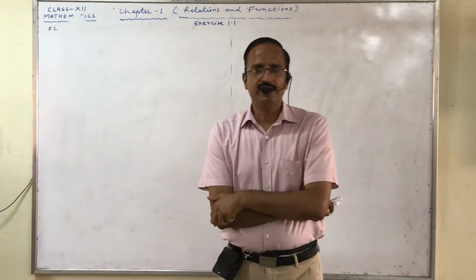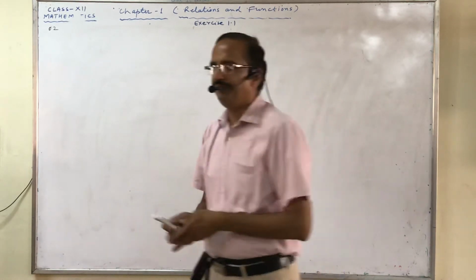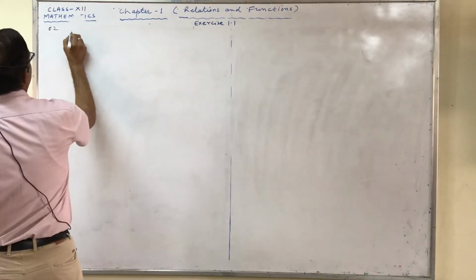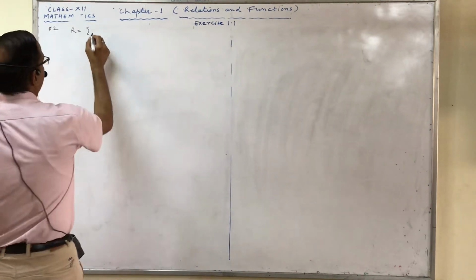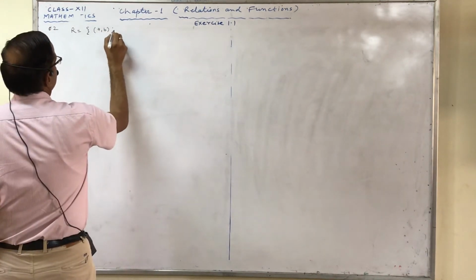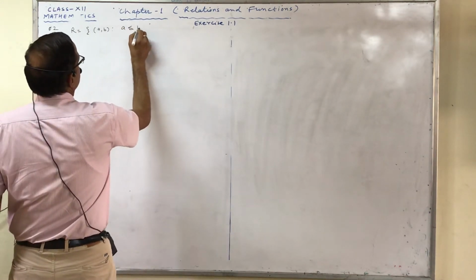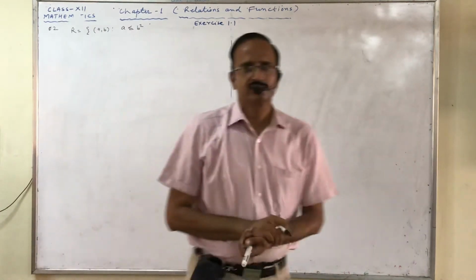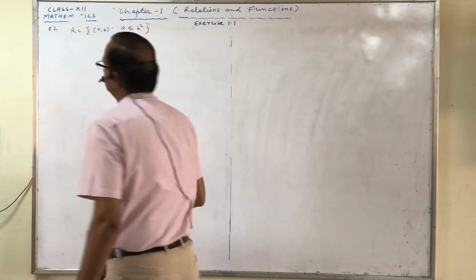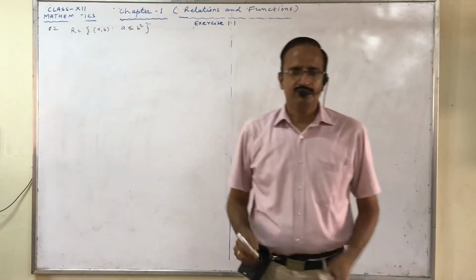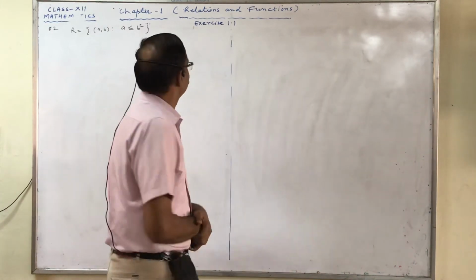So we have to show that the relation R in the set R of real numbers defined as (a, b) where a is less than or equal to b square, is neither reflexive nor symmetric nor transitive.